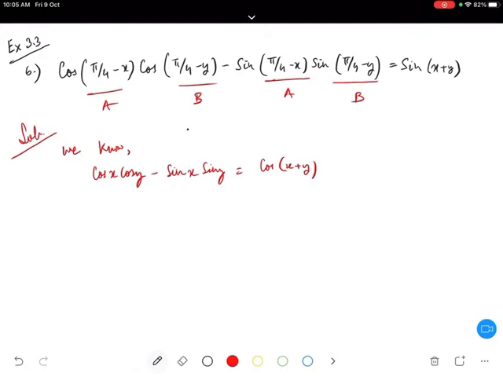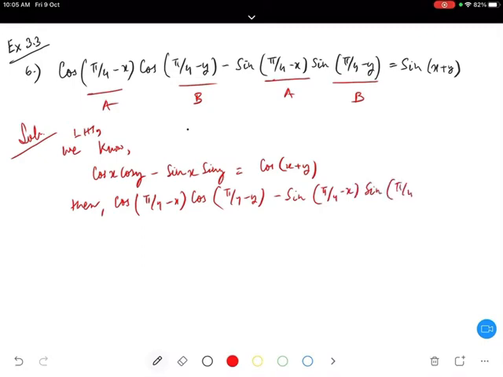Then here you write LHS. LHS equals cos of pi by 4 minus x cos of pi by 4 minus y minus sine of pi by 4 minus x sine of pi by 4 minus y.